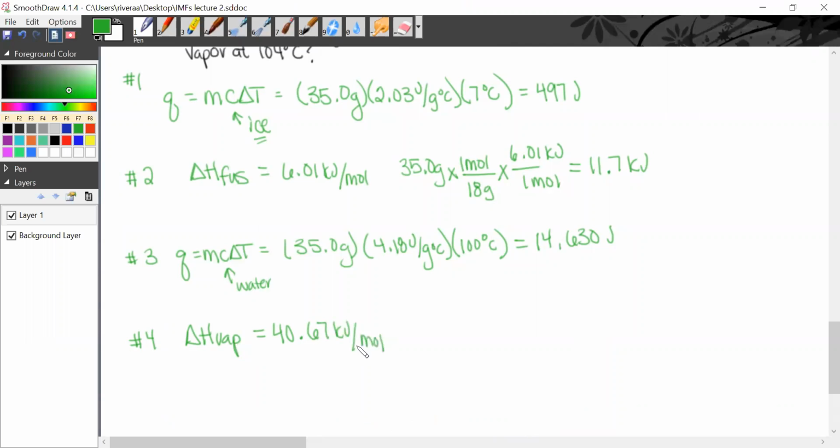Notice how much bigger the heat of vaporization is versus the heat of fusion, right? Solid to liquid, not as hard to do. Liquid to gas, a lot harder to do. There's going to be a lot more space, like way more significant change in potential energy here from liquid to gas than versus solid to liquid. Like you're completely overcoming the strength of the hydrogen bonds in order to turn something into a gas versus ice to liquid water, those hydrogen bonds are still pretty significant. So again, we just need to go grams into moles.